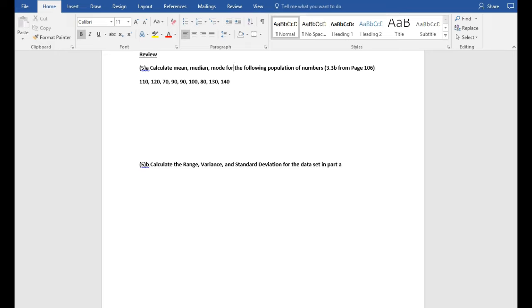I'm going to do the easy ones first. Mode is just the value that occurs most frequently. We can look at the data and see that it's 90. So Mo for mode, 90. It's the one that occurs the most.